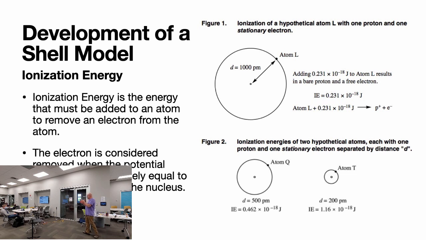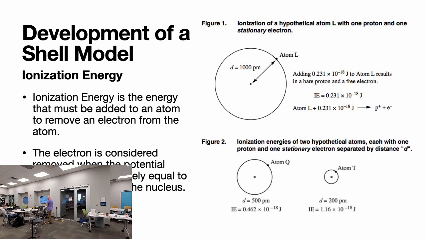There is a certain distance away from the nucleus where we would consider the electron no longer to be affected by those protons. That means the attraction is going to be zero. That would represent a free electron. It's not contained in an atom.